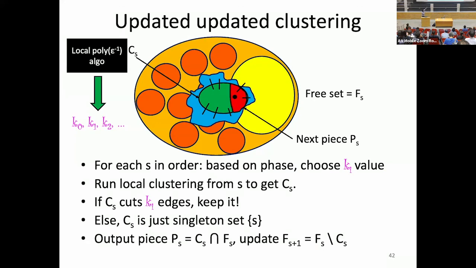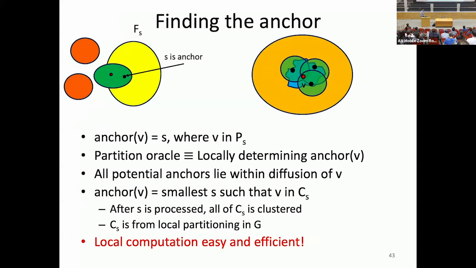So it's mostly what I said, the algorithm is pretty much the same as what I've been discussing thus far. It's just that for every vertex, you have to find some appropriate cut bound number. And once you discover this number, you can get everything to work. Once you have such a procedure, you can convert it to a local procedure by this anchor finding. So this is the whole shebang, basically.